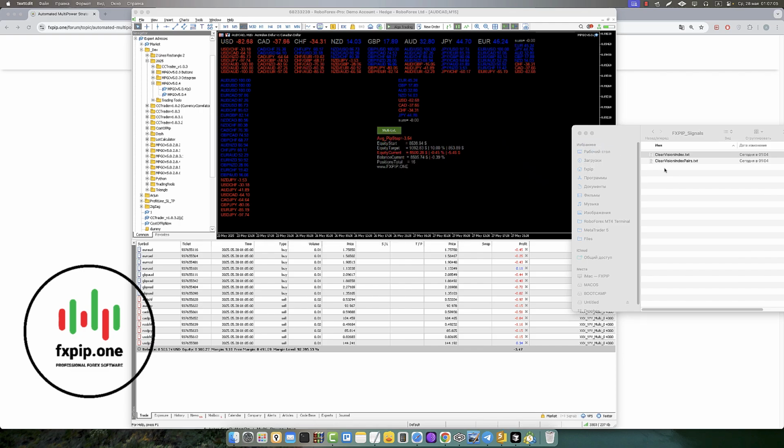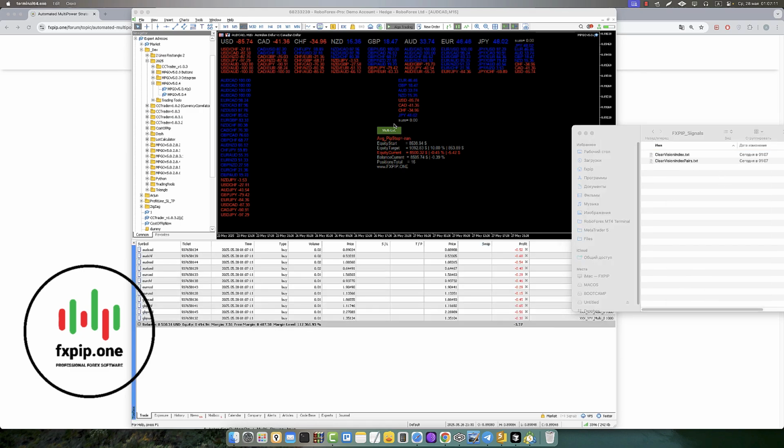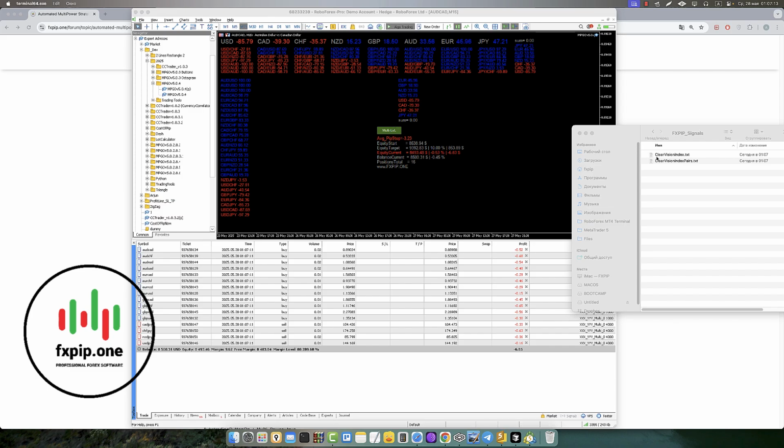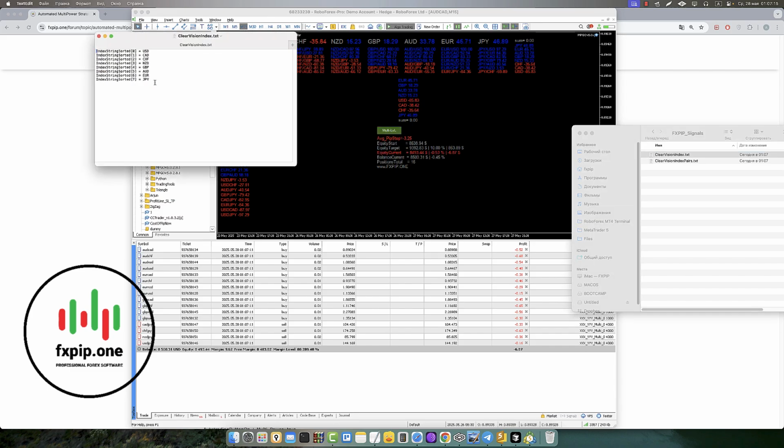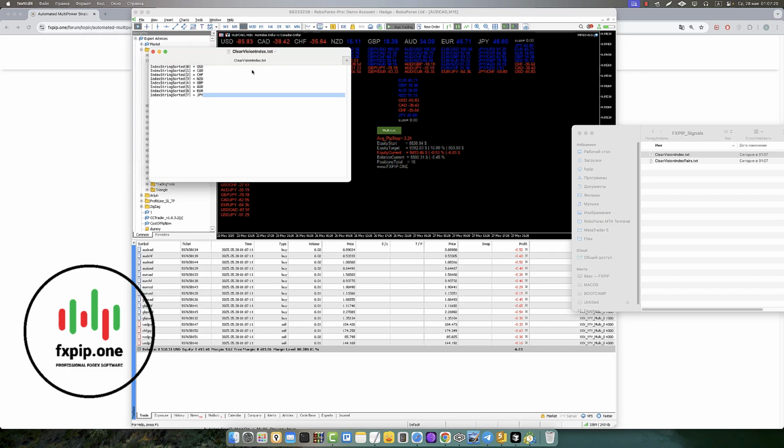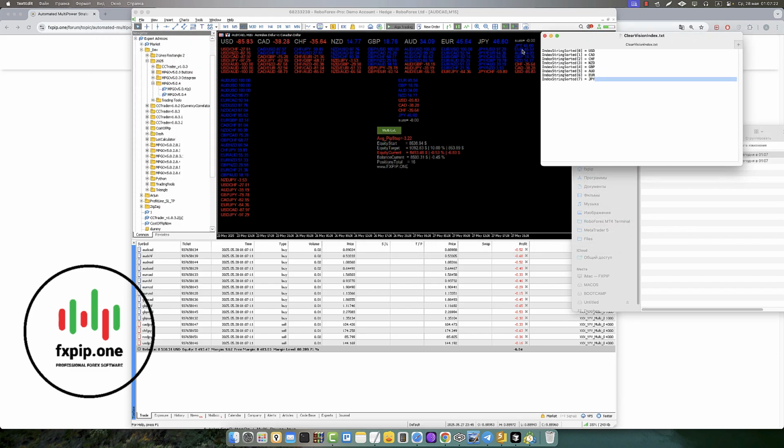If I delete this, I will receive the signals from M1 right now. This JPY must be at this place, EUR must be at this place, then GBP, NZD, CHF, CAD, USD at bottom. 0 at bottom, the higher is JPY. This is M1.